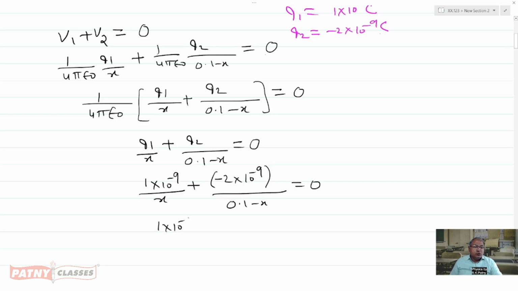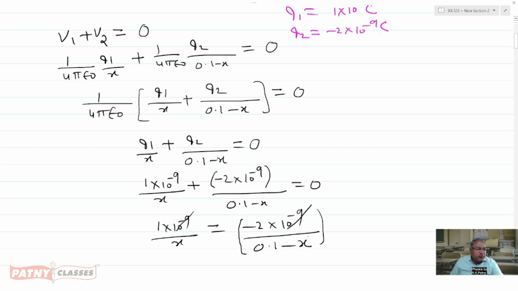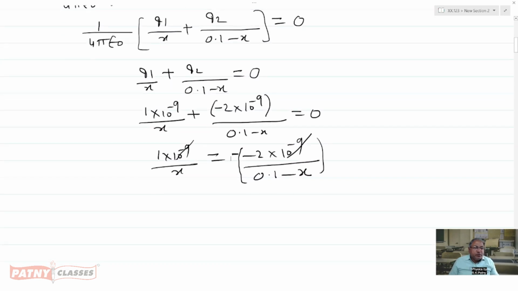So 1 into 10 raised to minus 9 upon x equals minus 2 into 10 raised to minus 9 upon 0.1 minus x. Both sides, 10 raised to minus 9 get cancelled. Now we need to solve this equation. One mistake: when it goes to that side, it becomes minus. The mistake is corrected. Therefore we get 1 upon x equals plus 2 upon 0.1 minus x.